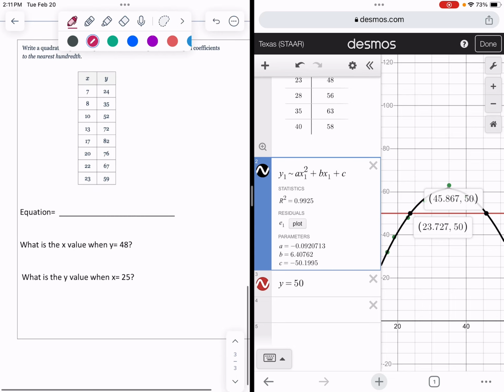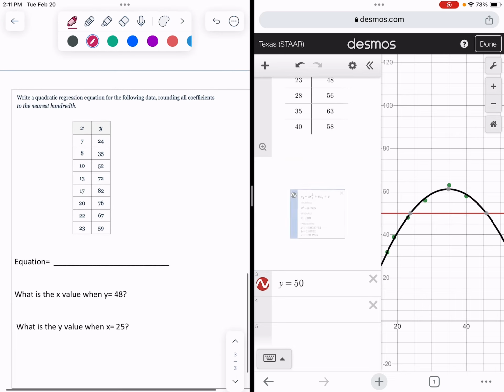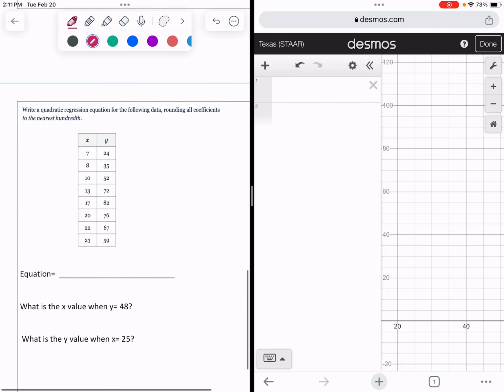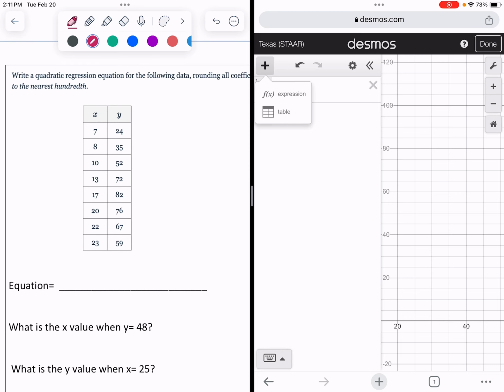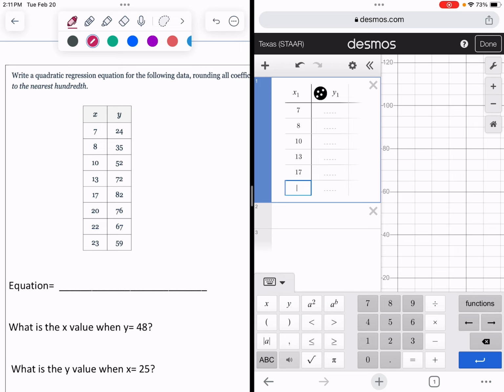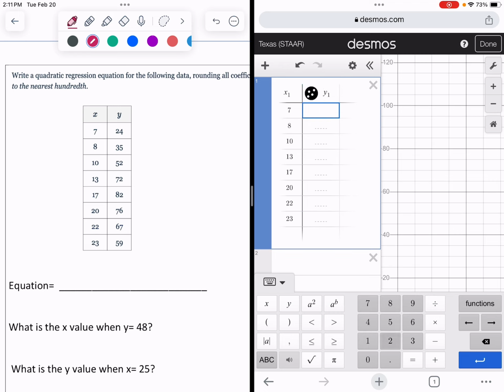Okay, and so we can do the same thing for this next example. I'm going to clear it and start over. And so your first step is get your table, enter all your x values, and then all your y values.